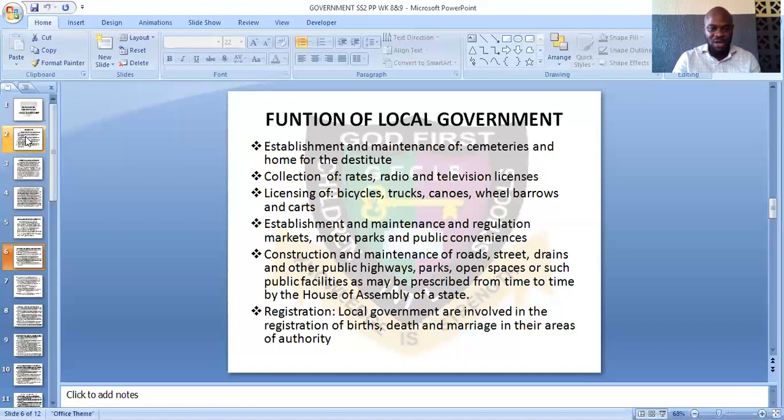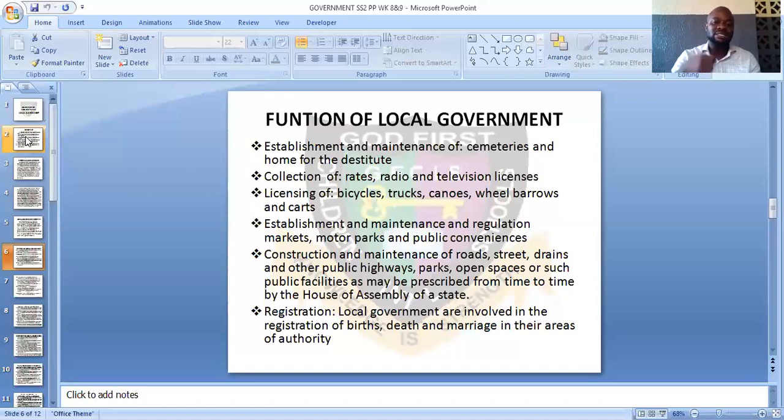Number four, another function is the establishment, maintenance and regulation of markets. That is, they are the ones that regularize the markets, the motor parks, and public conveniences. It is in their jurisdiction to establish and maintain, and also regularize markets, motor parks, public conveniences, and others.